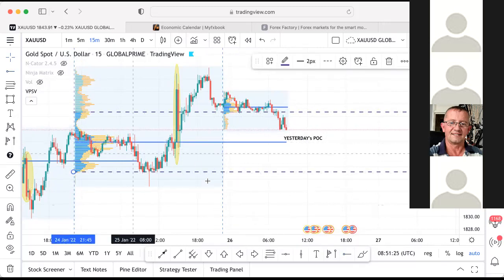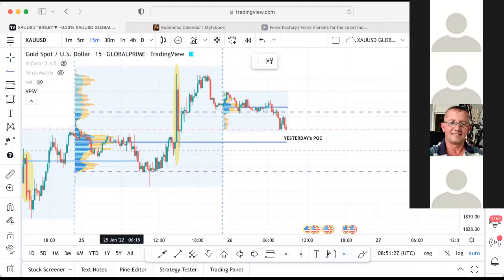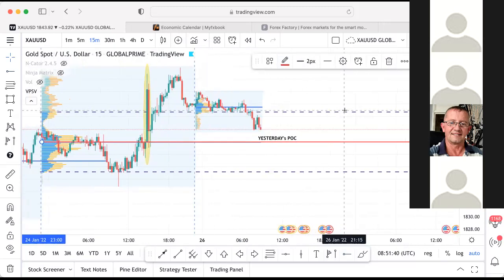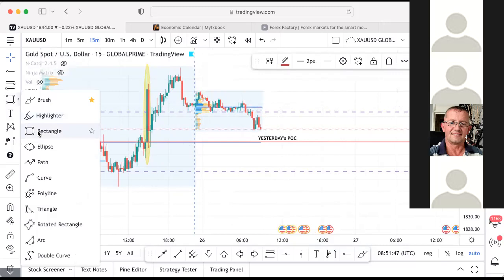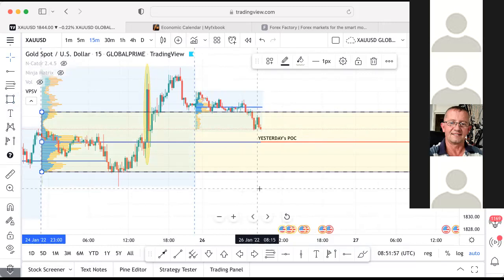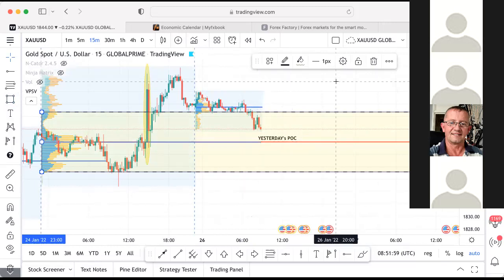Okay, and we'll extend that. So that's where we were a few minutes ago. And we had a little rectangle on there. So that's exactly where we were previously.